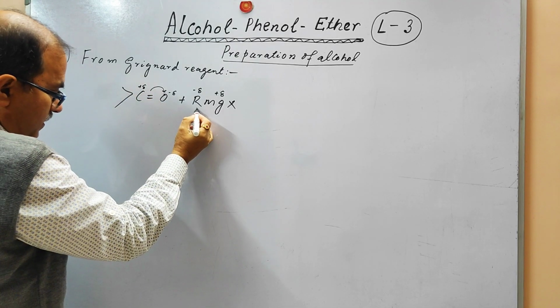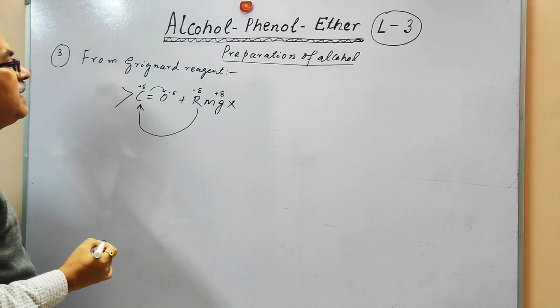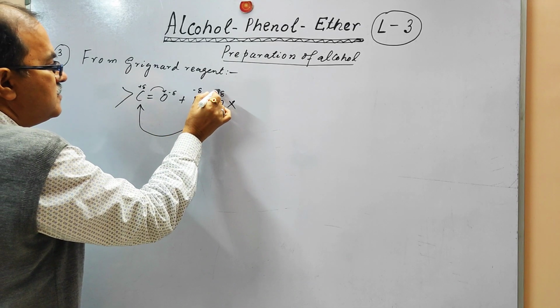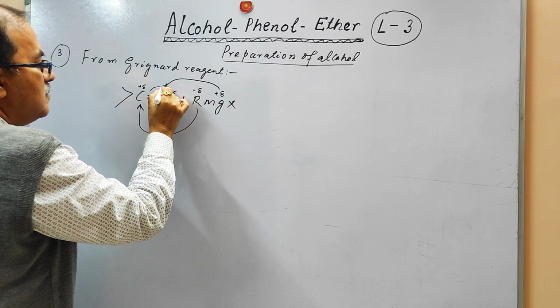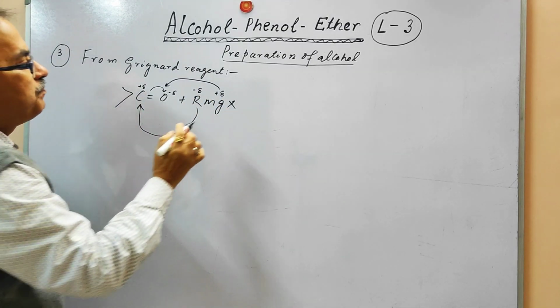So what is going to happen? This alkyl group will be attached to this carbon, and the remaining part of this Grignard reagent will be attached to this oxygen.